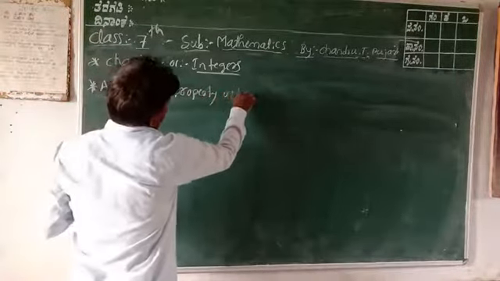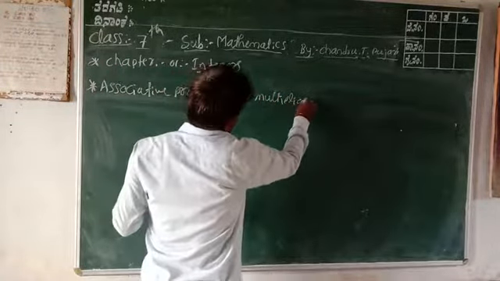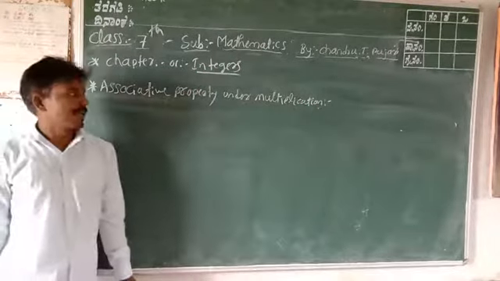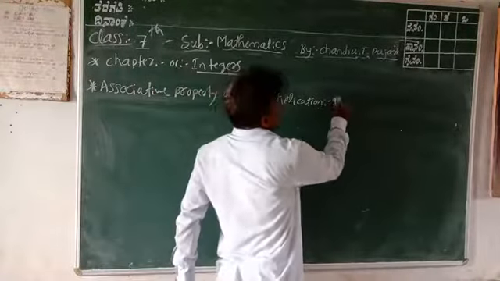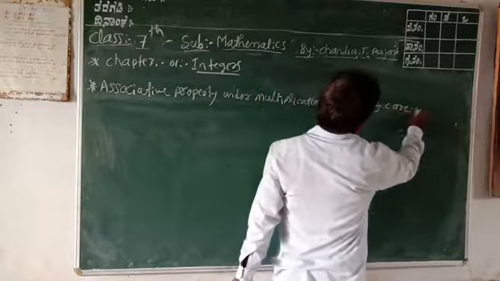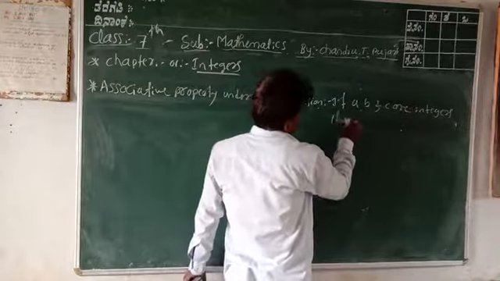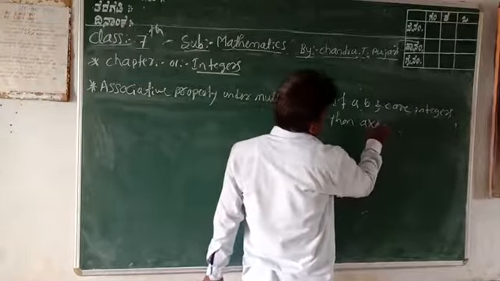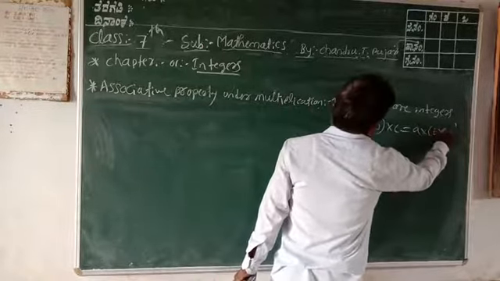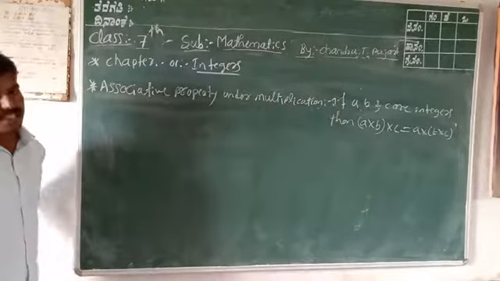The meaning of associative property under multiplication is, if A, B and C are integers, then A into bracket of B into C is equal to bracket of A into B, into C. This is our associative property under multiplication.